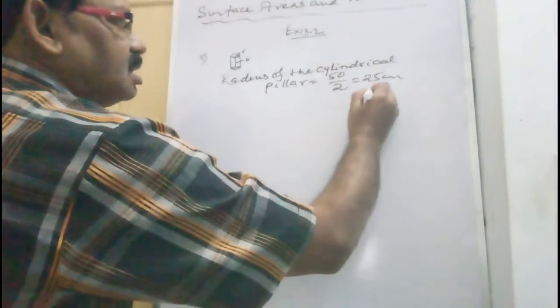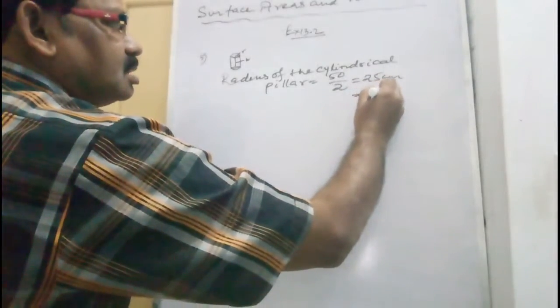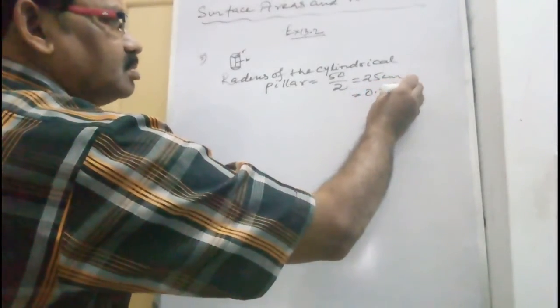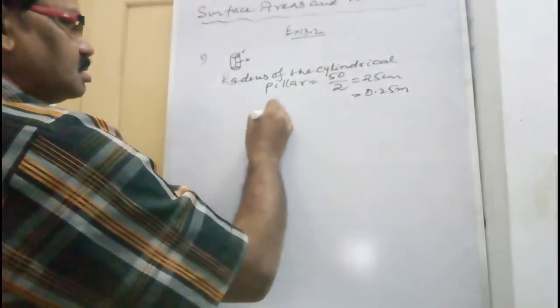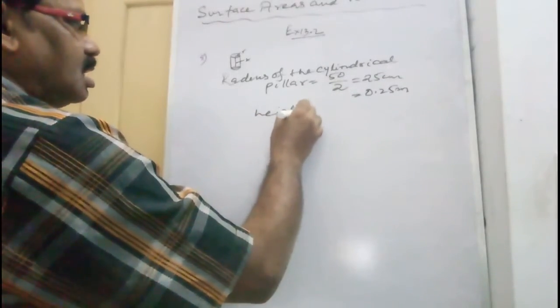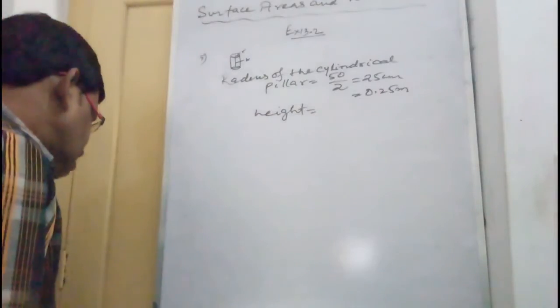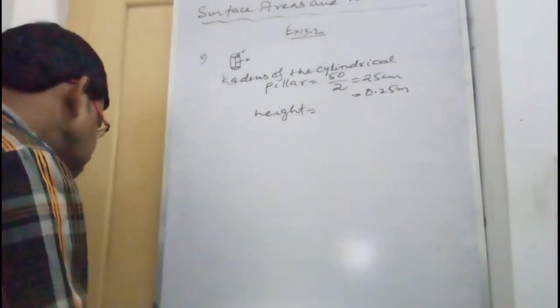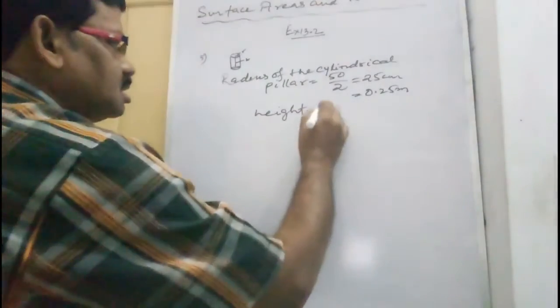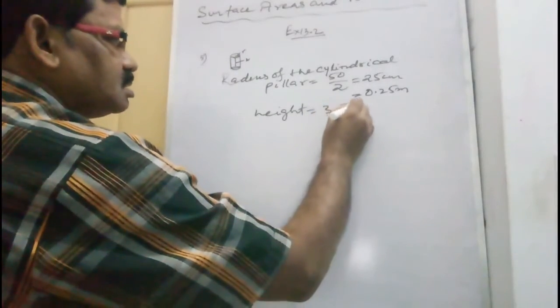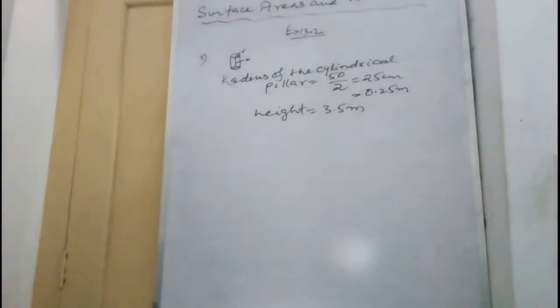Height is given in meter, so change this into meter: 0.25 meter. Height, that is given in the question, 3.5 meter.